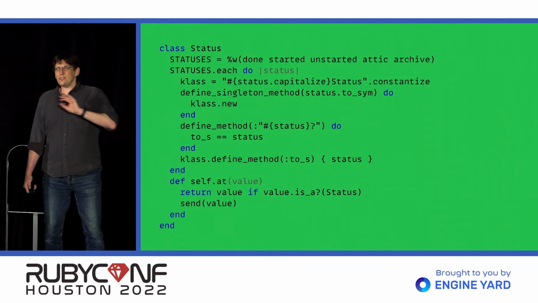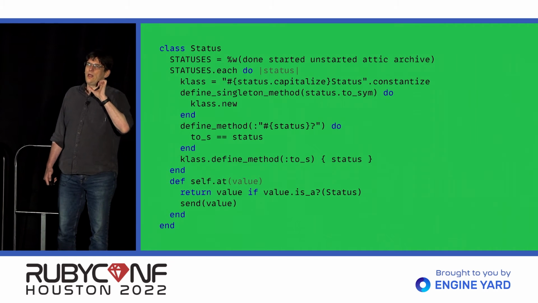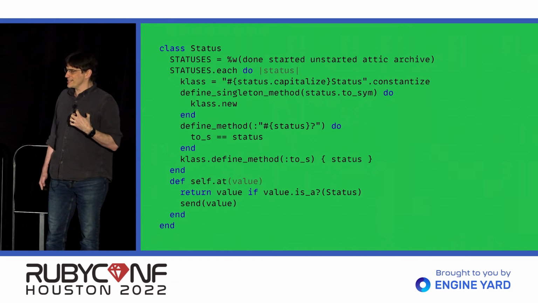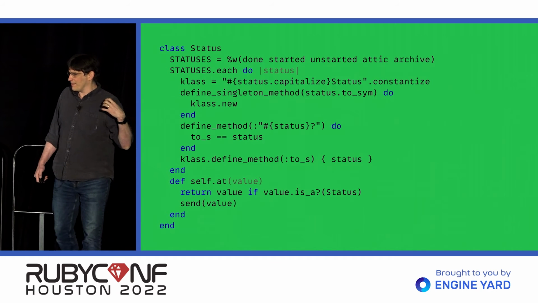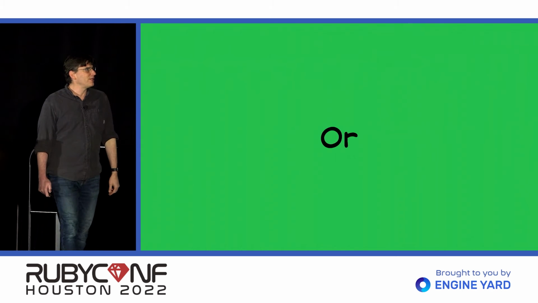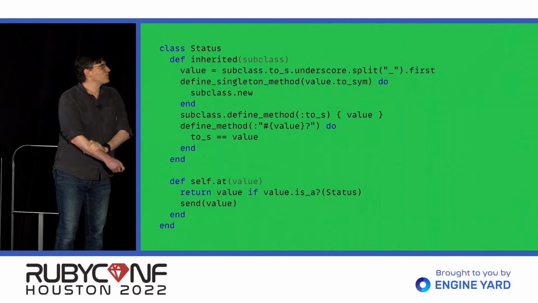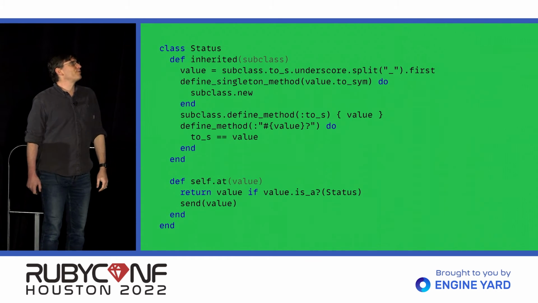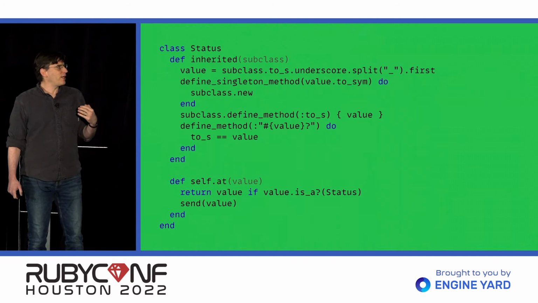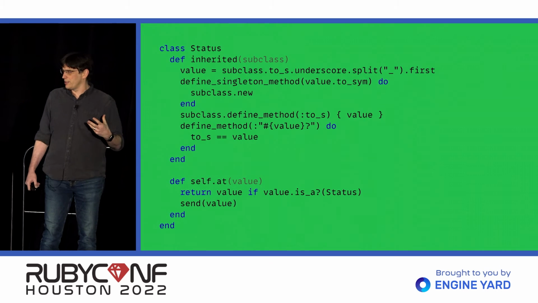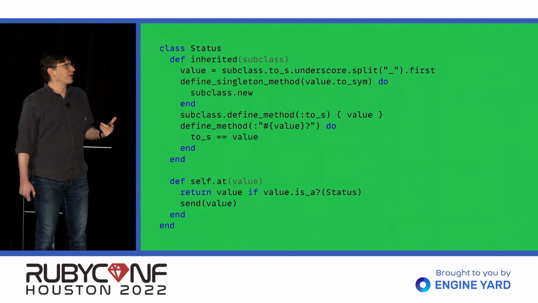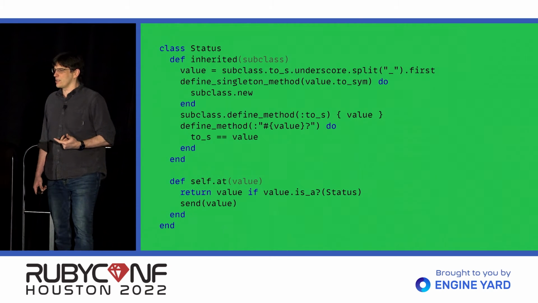There's another way. This unifies all of the concepts except the relationship between the class name and the status name. But we can actually do a little bit better in Ruby by using Ruby's hook method. This is a version of this code that uses Ruby's hook method, inherited. If you don't know what inherited does, every time a subclass is loaded, created at load time, it calls this inherited hook of the parent class with the subclass as an argument.